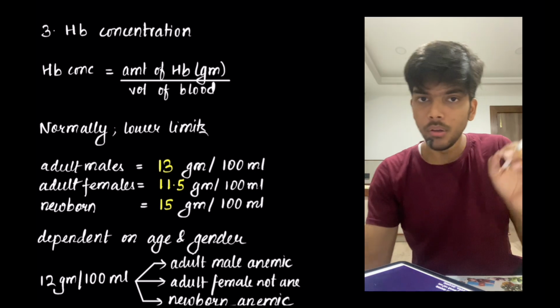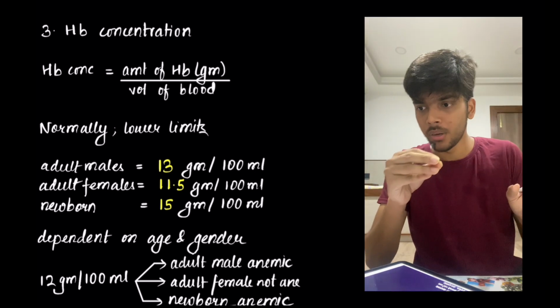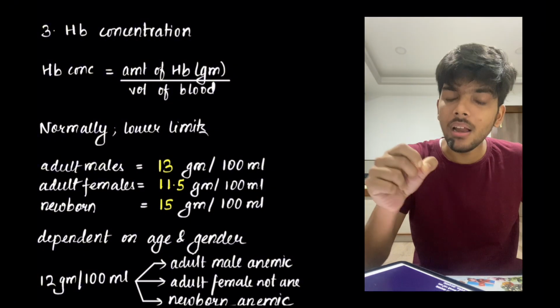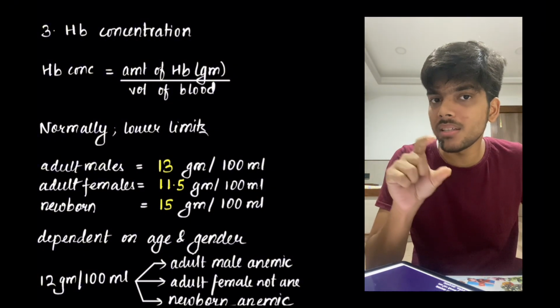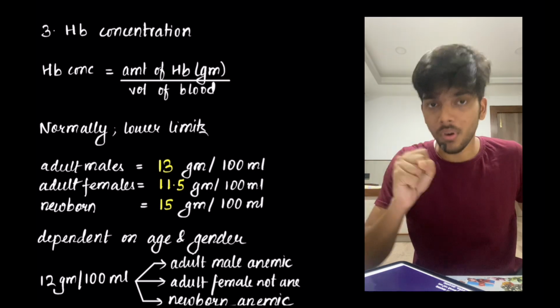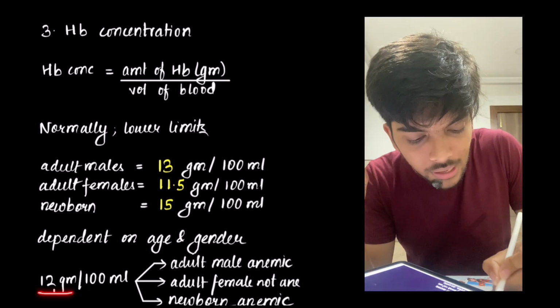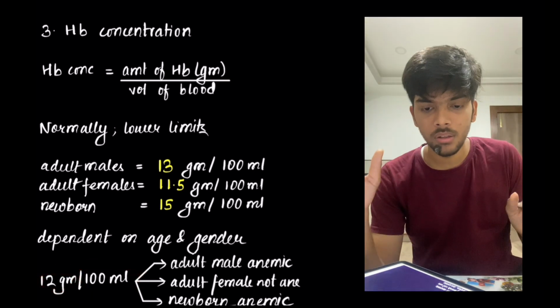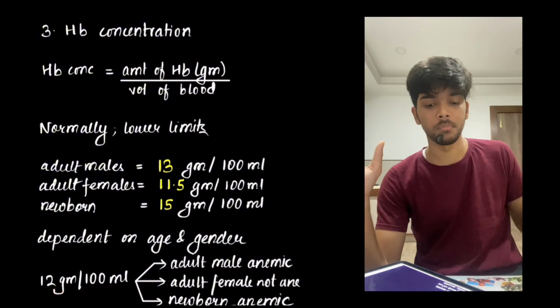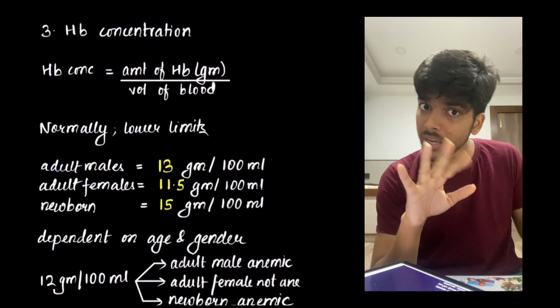So let's say you draw blood from a person, you perform investigation on it and find out that the hemoglobin concentration in the blood that you have drawn is 12 gram per 100 ml of blood. Now, is the person anemic or not?